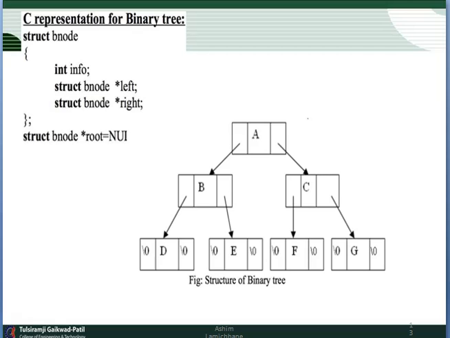We can represent the binary tree in terms of code or pseudo code: struct node, star left, star right, where the root is equal to null. We can say that this is all about the basics of binary tree, or the introduction to binary tree. Thank you for your patience in listening.